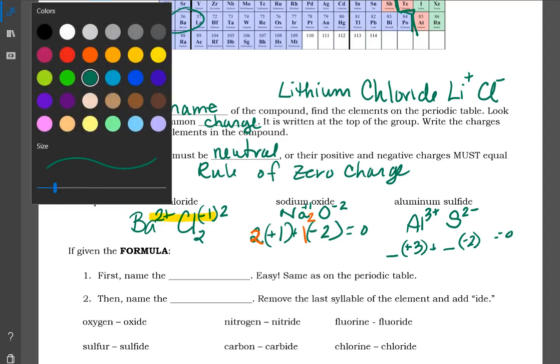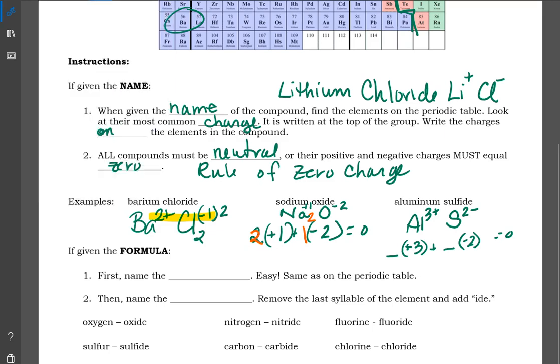If we look for the least common multiple, that would be 6. What times 3 gives you 6? A 2. What times 2 gives you 6? A 3. So that means we need 2 aluminums and 3 sulfurs.